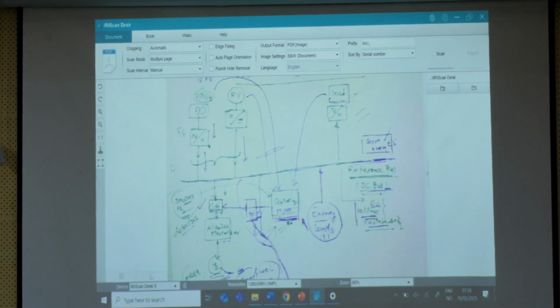Because algorithm development is the key thing, let us say. How will you define or make the flow chart of this system, and that is going to be used in the main controller, let us say.